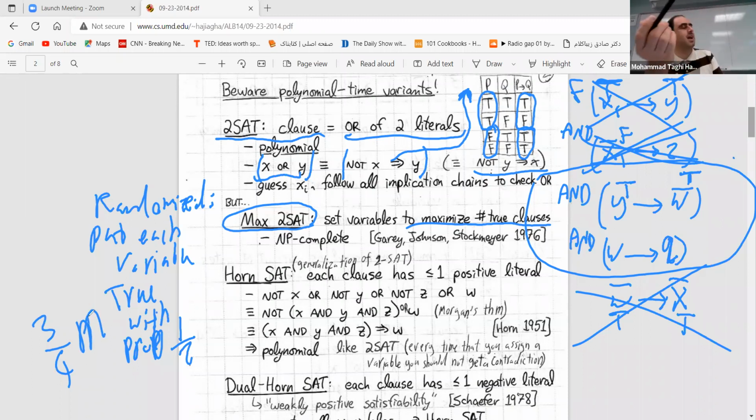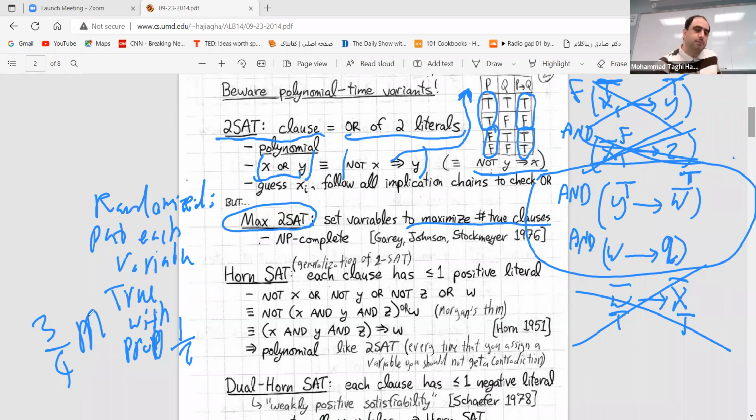This is randomized, but you can de-randomize it. It is called the conditional expectation approach, and the algorithm is also simple. You decide whether to put one variable true or false based on the expectation of the remaining clauses, how many we would satisfy if you put it true or false. If you do it this greedy way, you can get a 3/4 approximation.